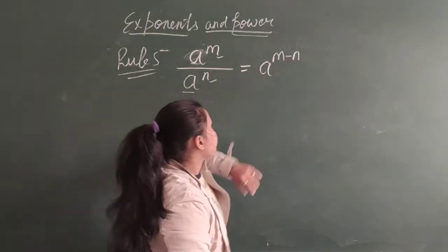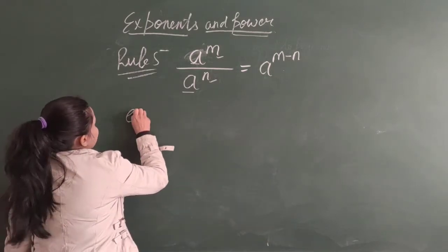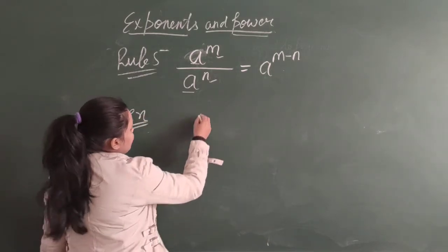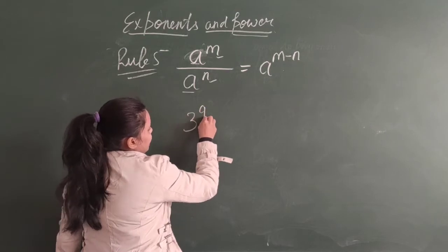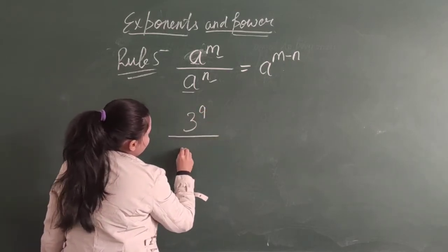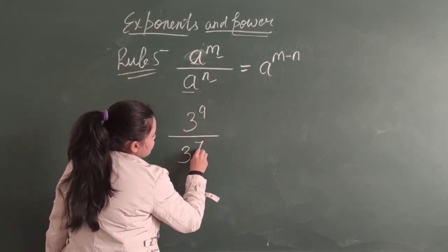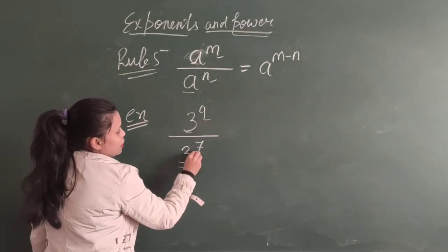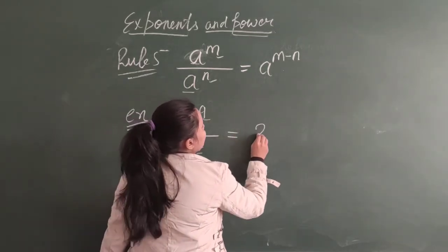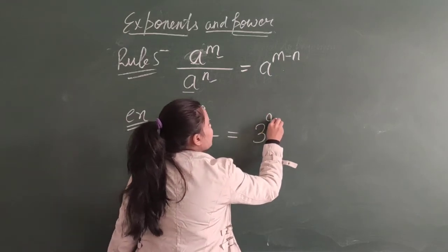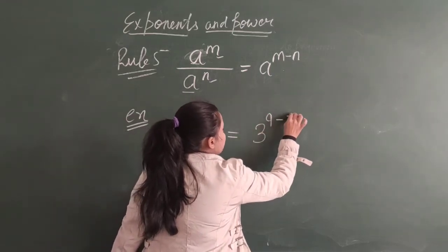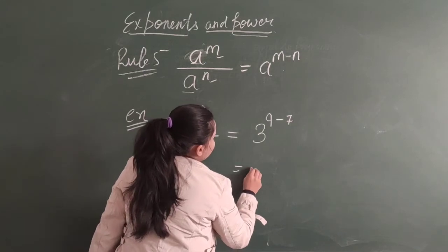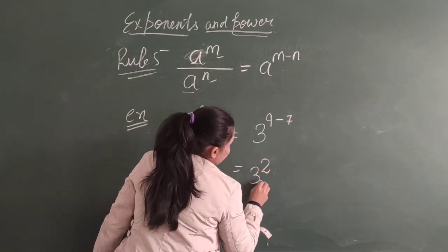Let's take an example to understand this concept. 3 raised to power 9 divided by 3 raised to power 7. Base is the same, powers are different. It will give you 3 raised to power 9 minus 7. That means 3 raised to power 2.